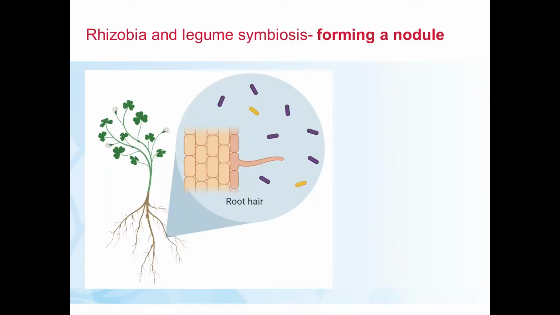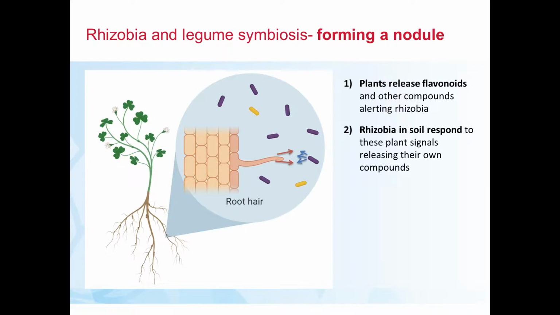I wanted to start at the very basic beginning of how a nodule is formed. When a seed germinates, as the roots grow, the plant releases flavonoids and other compounds, alerting the rhizobia to their presence in the soil. The rhizobia respond to these plant signals by releasing their own compounds, and these are controlled by all sorts of nodulation genes.